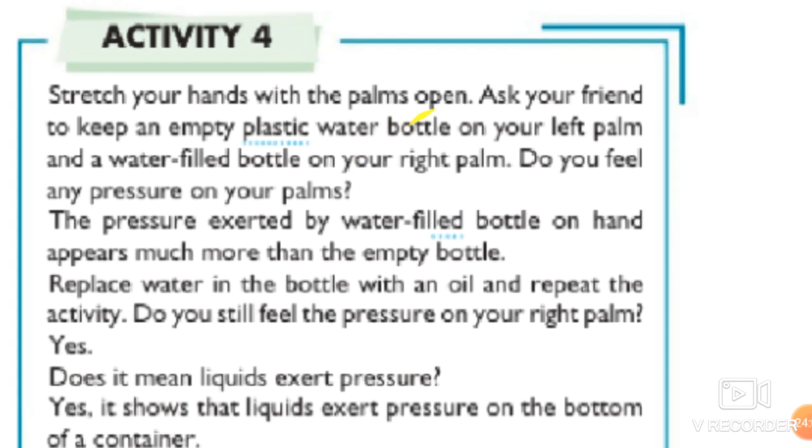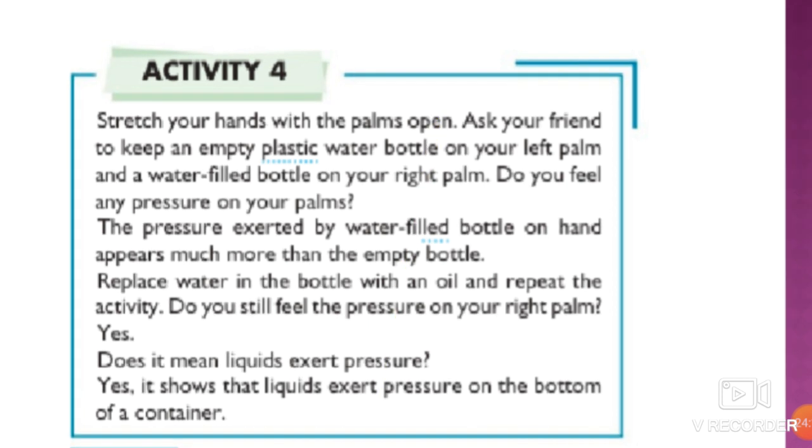Next one is activity 4. Stretch your hand with the palms open. Ask your friend to keep an empty plastic water bottle on your left palm and a water-filled bottle on your right palm. What is done over here?